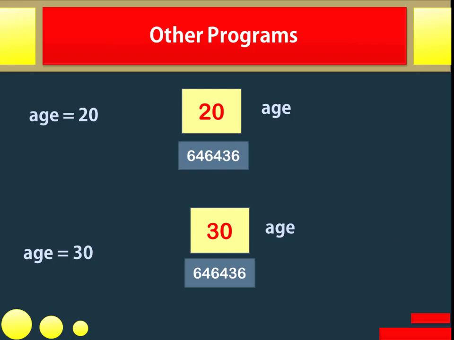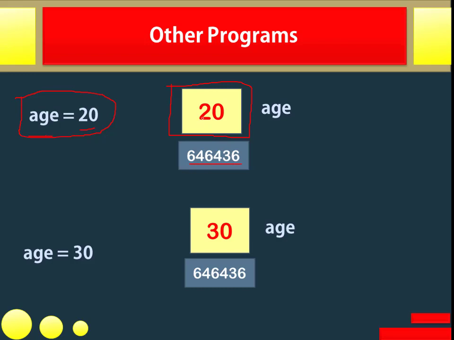In other languages, when I create one variable, age, and assign value 20 to it, what happens here? By declaring this variable and assigning a value to it, I have created a memory location. Let's say the ID of this memory location is 646436.